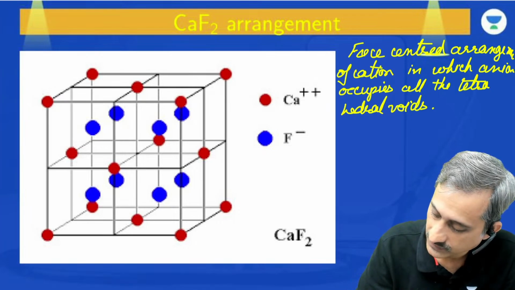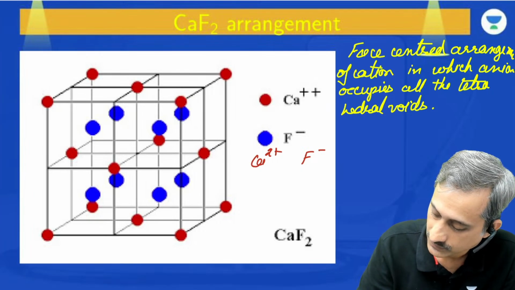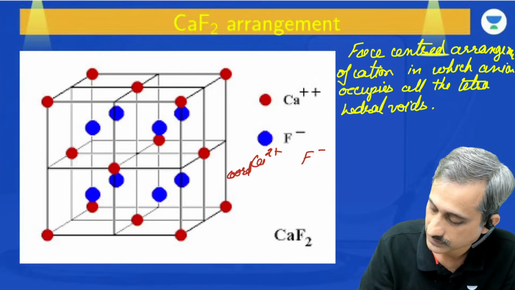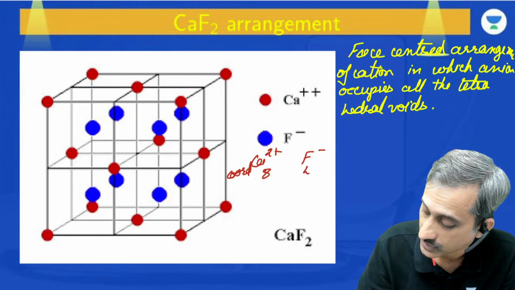So here we have Ca2 plus and we have F minus. When we talk about the coordination, calcium has a coordination of 8 and fluoride has a coordination of 4.